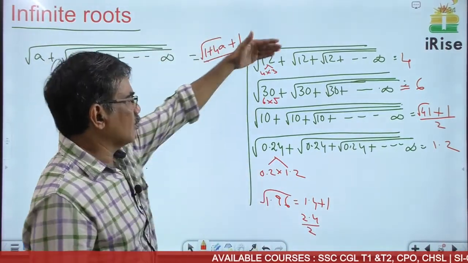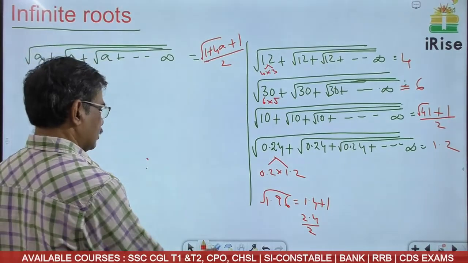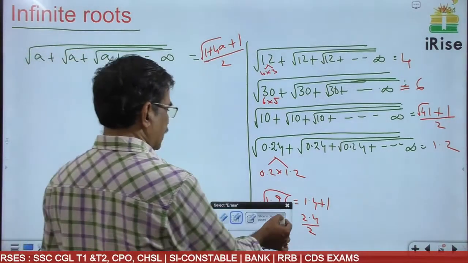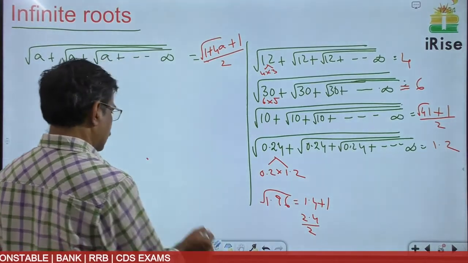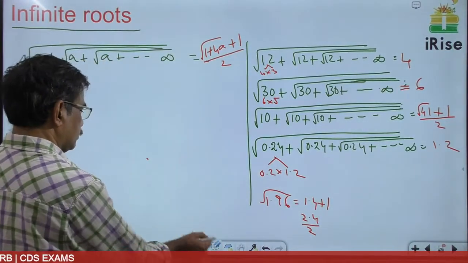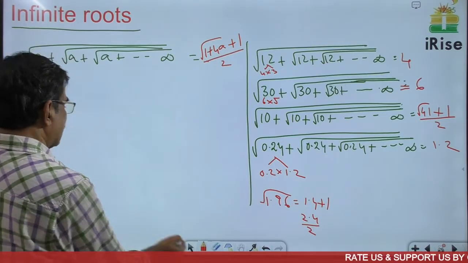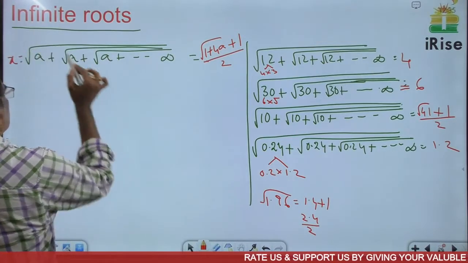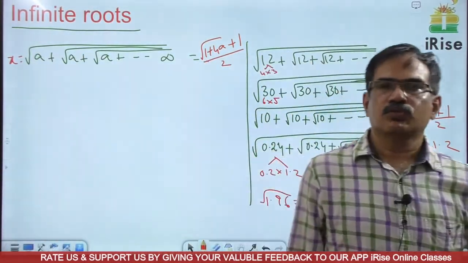So if you know the formula, we can get the answers for this type of questions. How to get the formula? Know the method also, to get the answer easily. I want to consider this as x first. This is the method. I am giving a proof for this one.